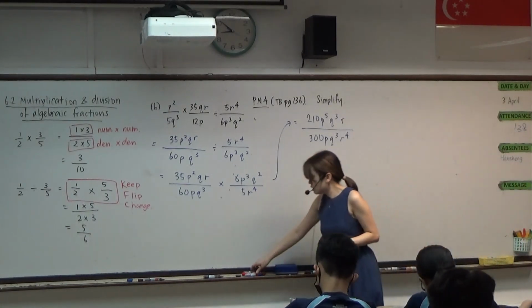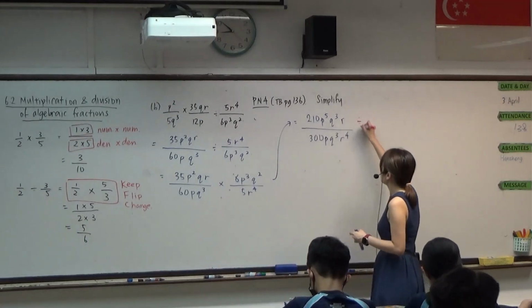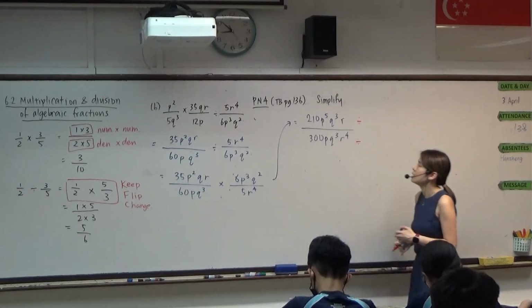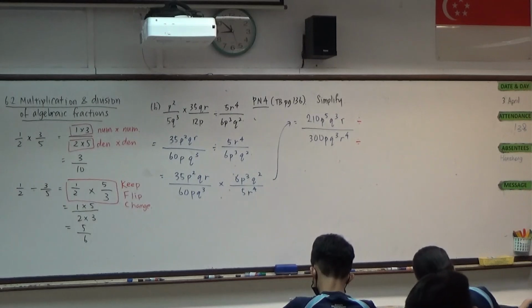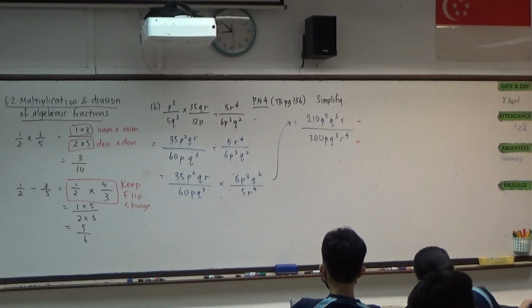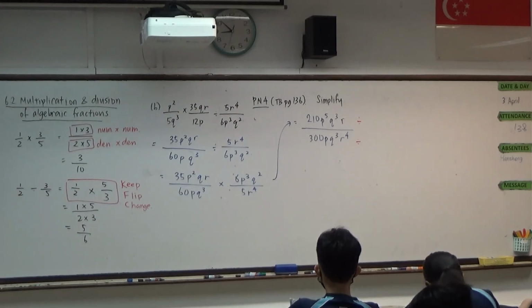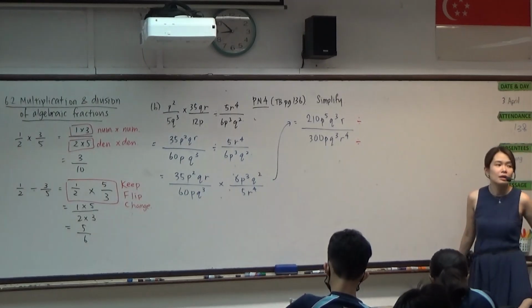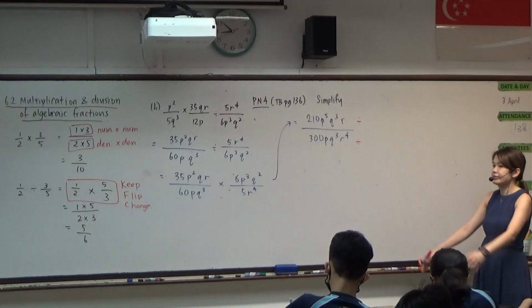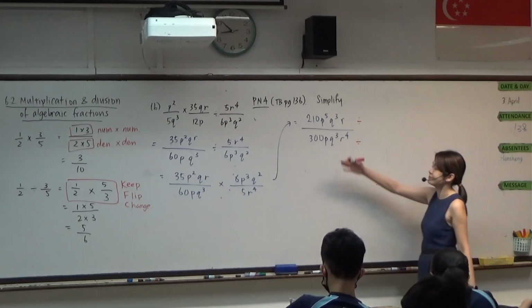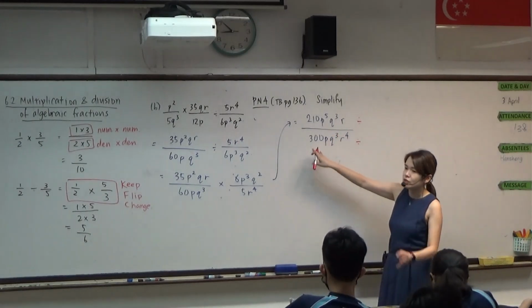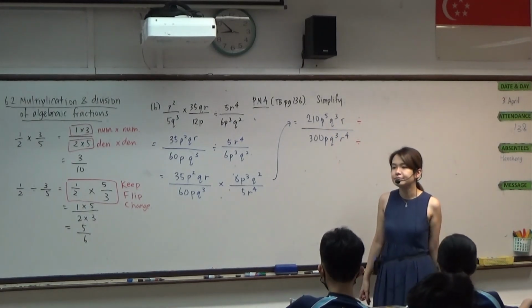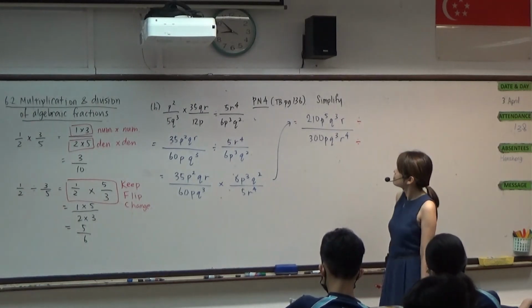Then now, we think of simplifying. What do we divide? Francis, what do we divide? Between 210 and 300, what's the common factor? 5.